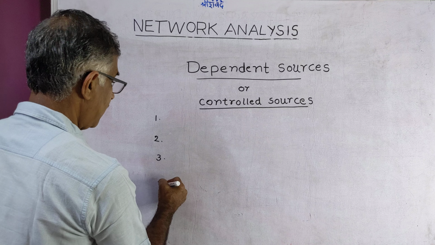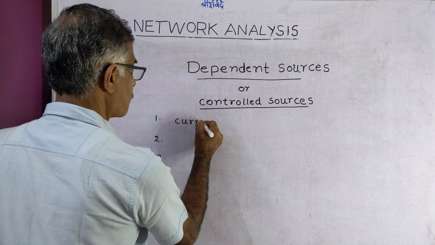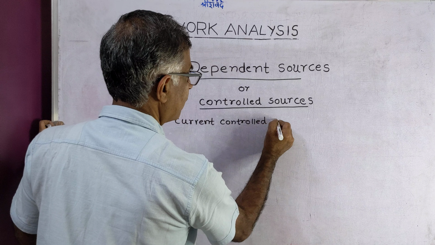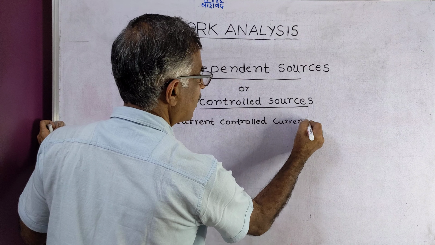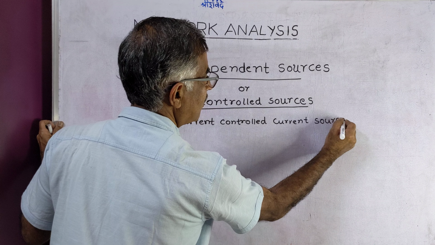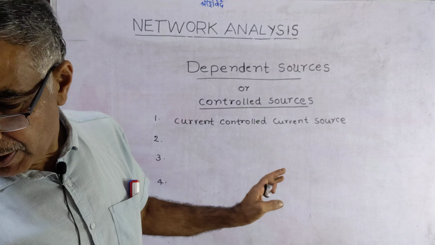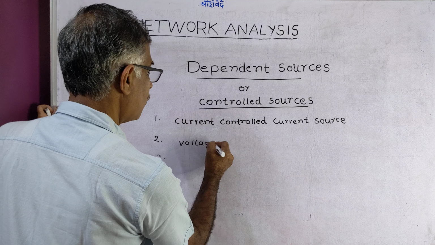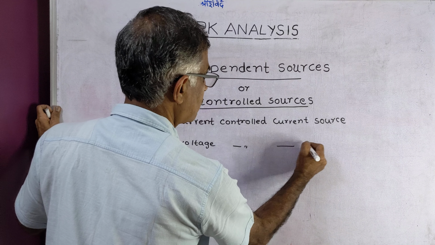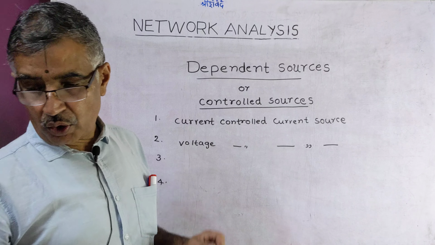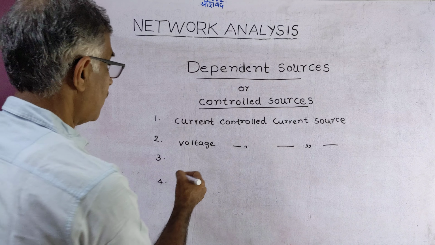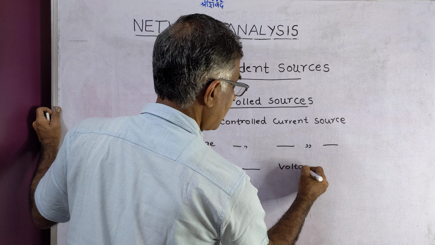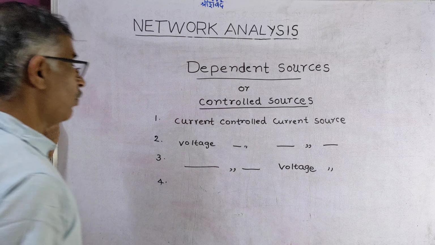Number one, current controlled current source. The second one is voltage controlled current source. Next, voltage controlled voltage source.